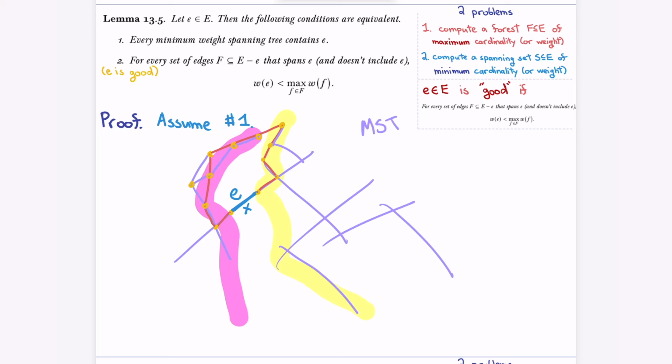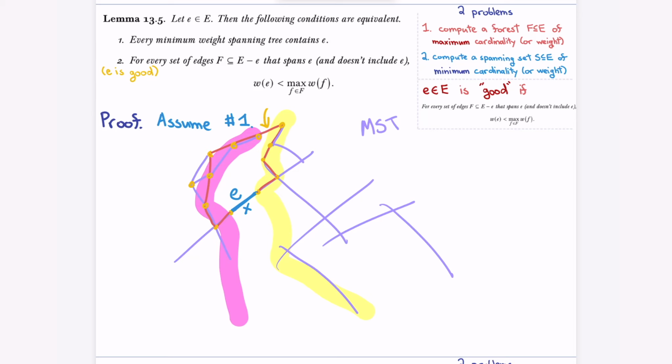In this particular picture, that would be this one up here. Okay. And we're told that the weight of this edge must be less than the weight of E. I was only off by a bit.